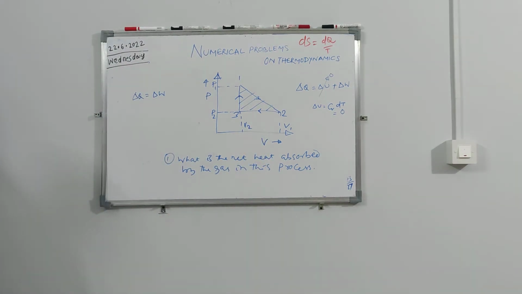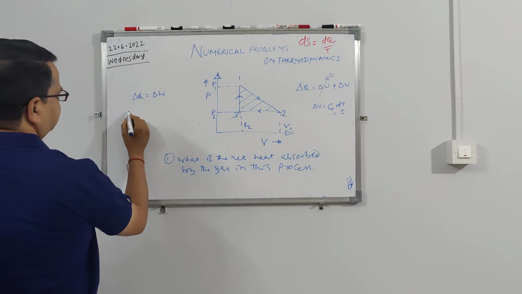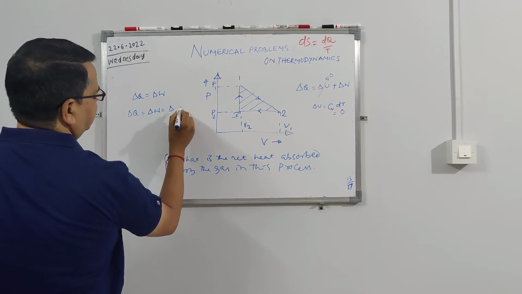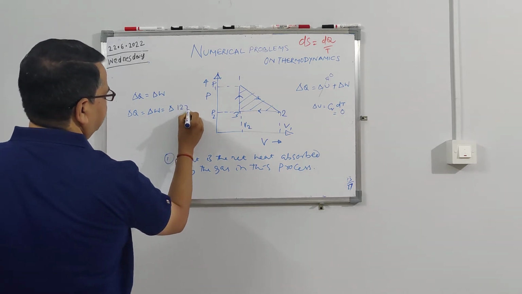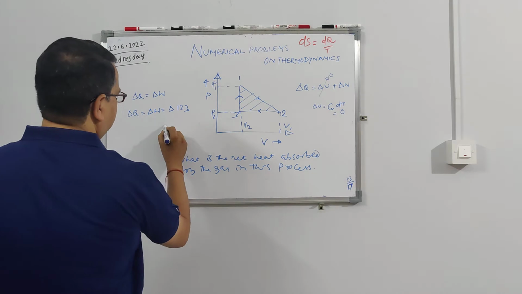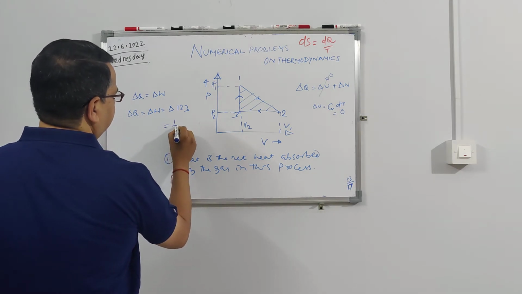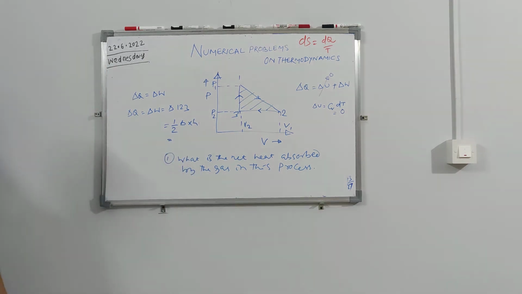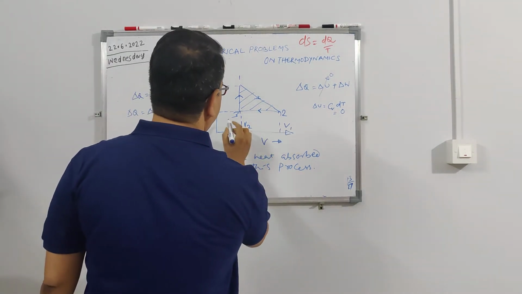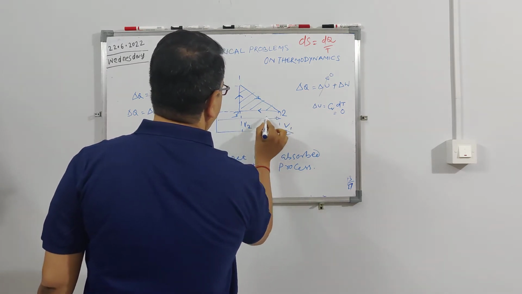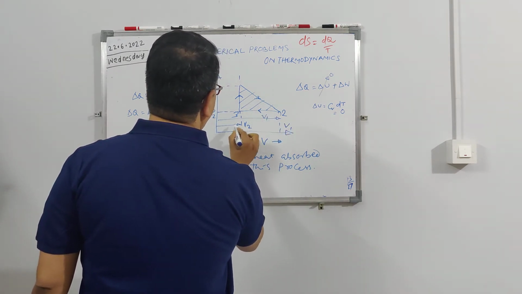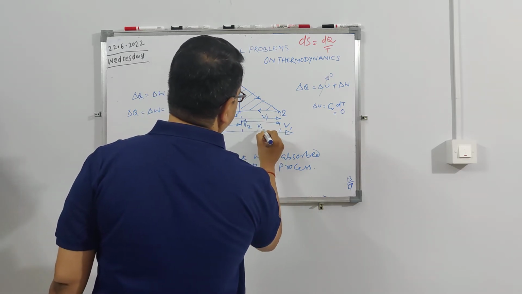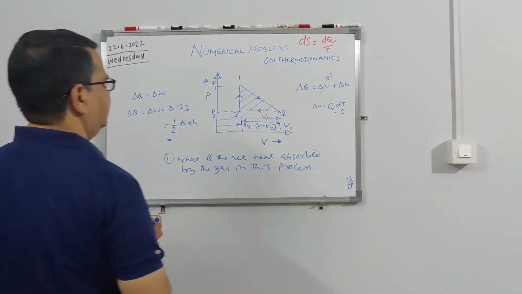Directly they have given. So heat is equal to work is equal to the area 1, 2, 3. The area of a triangle is half into base into height. It's a right angle triangle. So how much is the base here? This is the value of V1 from the origin, this is the value of V2 from the origin. So this will be V1 minus V2.